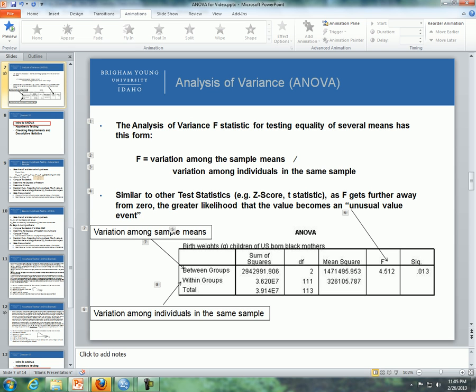And so what ANOVA does, it takes what are called mean square errors, which is the ultimate measure of variation between groups and within groups, and it takes this number divided by this number to get your F, or your test statistic, for ANOVA. Okay, and this is the third item, the test statistic here, and then the last item represents the p-value, and we don't have to do anything with this number. It is what it is. It is the p-value.